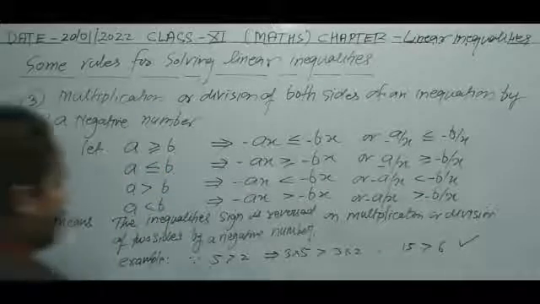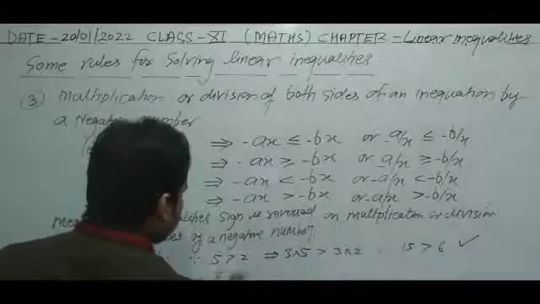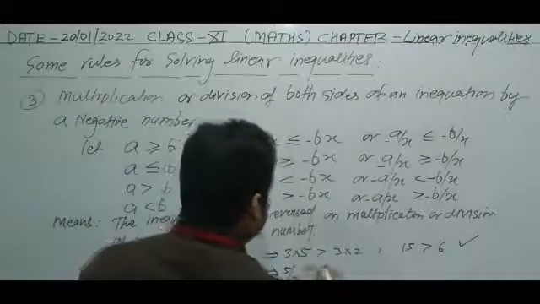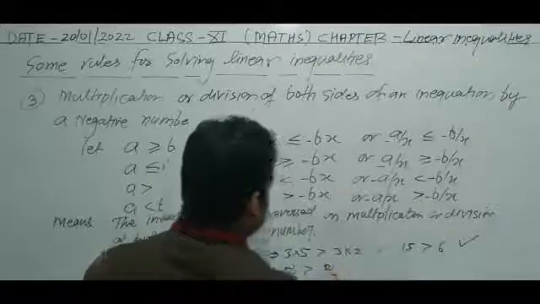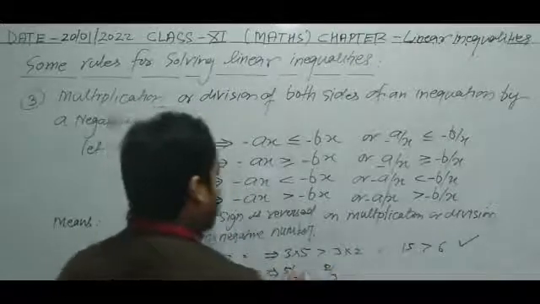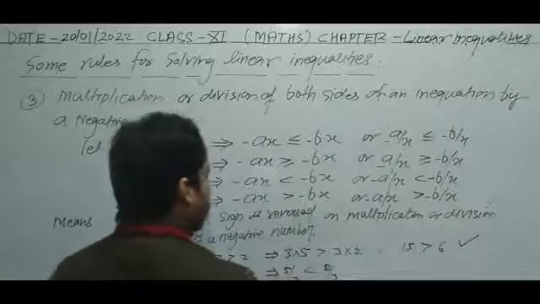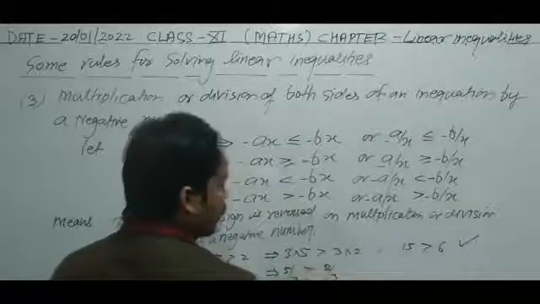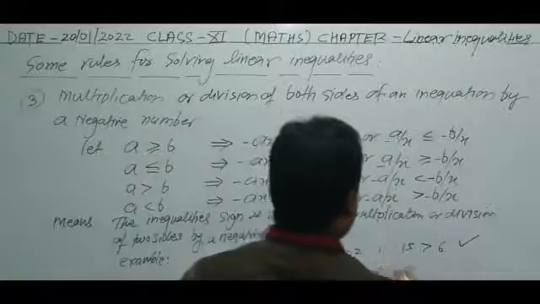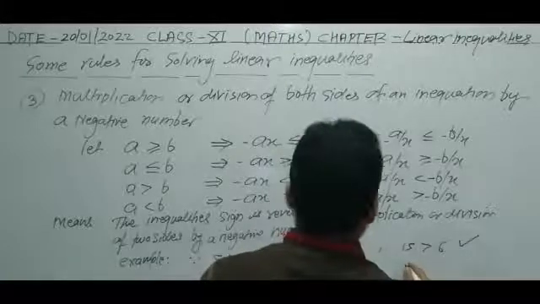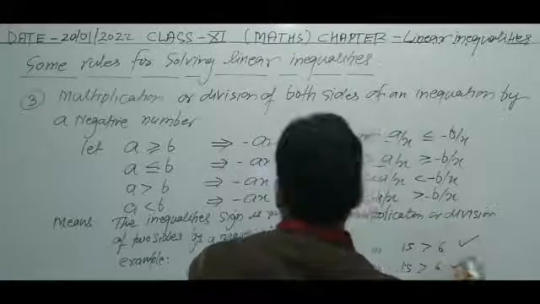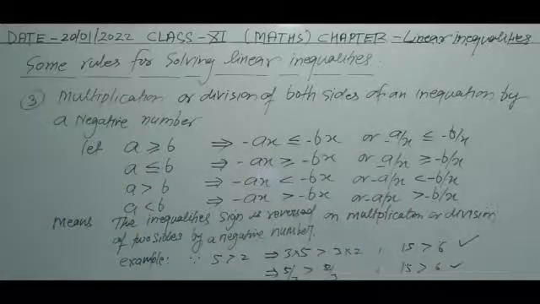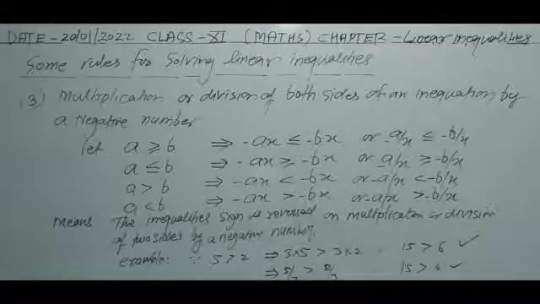Similarly, 5 is greater than 2, so 5 divided by 3 is greater than 2 divided by 3. 5 threes are 15 and 3 twos are 6, so this is also the same: 15 is greater than 6. And when you multiply by a negative number, this will change the sign. Now this is completed.